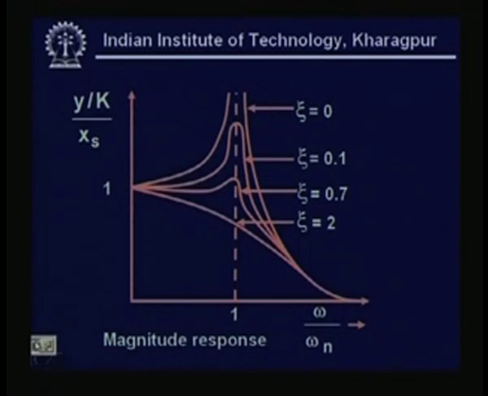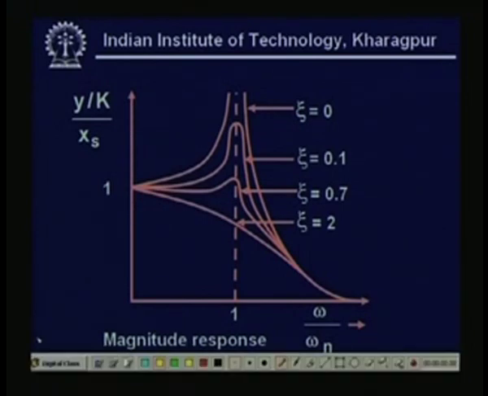Unlike electrical systems, physical and mechanical systems have very large time constants for the sinusoidal input. Now, this is the magnitude response of our sinusoidal input. We have plotted y by k xs, where xs is 1. You see here, interestingly, there is a large overshoot. This happens because of the resonance. You have to avoid this, because this is important.